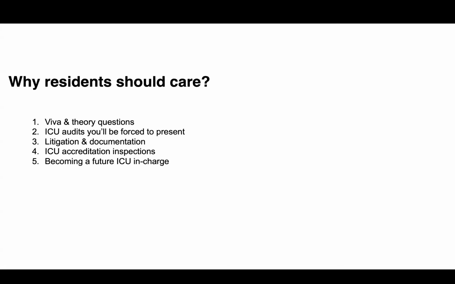Why should residents care? One is for your Viva and theory exams. For ICU audits, you will be forced to present in the future. For litigation and documentation. For ICU accreditation inspections like NABH or JCI. And when you become a future ICU in charge, quality indicator assessment and auditing become a crucial part of your workload.